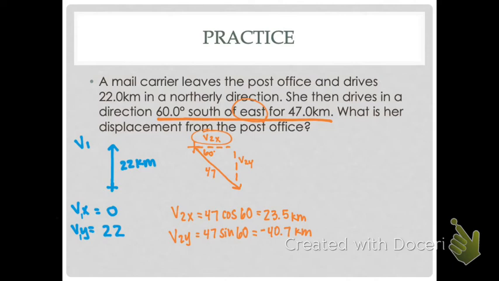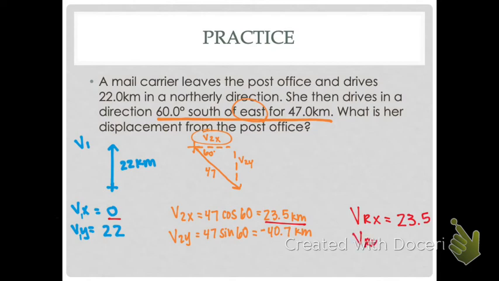Okay, so step 1 was to break down into x and y. Step 2 is to add all of our x's and add all of our y's. And so I'm going to come over here and say the resultant x component is 23.5 plus 0. So 23.5.